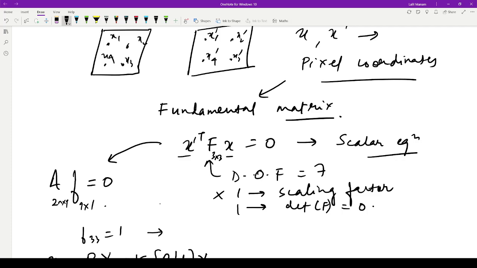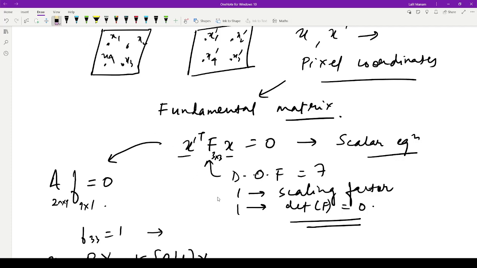So given those 8 points, you have to project it back onto the constraint that the determinant of F is 0. Is this part intuitively clear? Yes, sir. Okay.